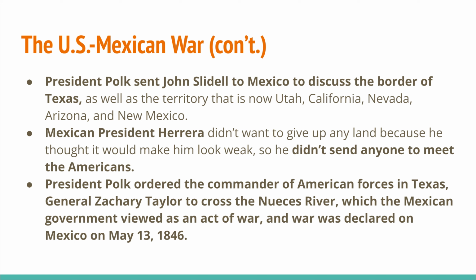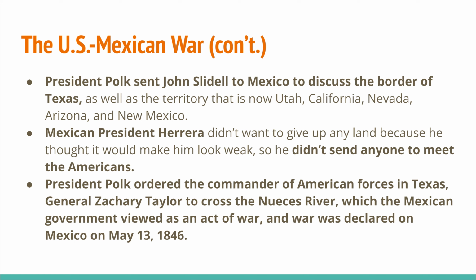But he's going to send this general across the Nueces River, which Mexico thinks is the border of Texas and Mexico. So the Mexican government views this general and his soldiers crossing this river as an act of war, right? You have a different army of soldiers marching onto your land, is how they see it. So they're going to declare war.